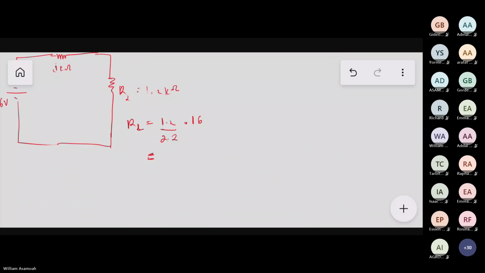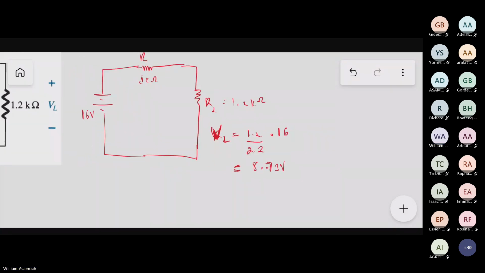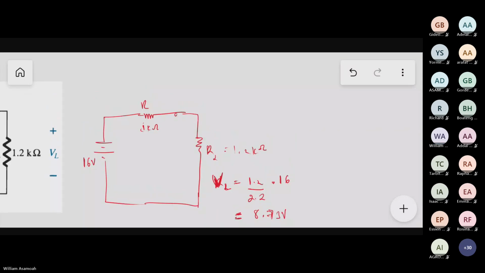Sorry, that is VL. 8.73. So VL will be 8.73 volts. That means the voltage at this point is 8.73 volts. Please, do you understand?